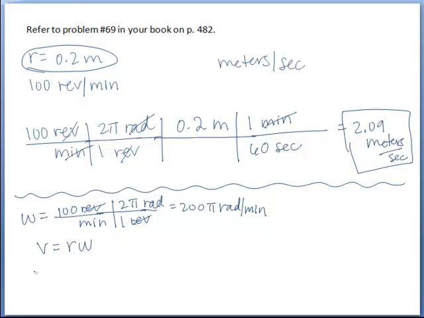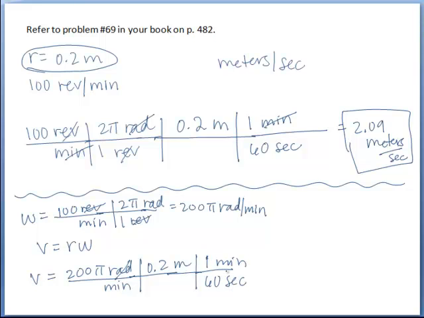Now that we found our omega, we take our omega, 200 pi radians per minute, and multiply that by R, which in this case is 0.2 meters. And you see that that gives us our answer in meters per minute, but we need to convert meters per minute to meters per second. So we multiply by 1 minute over 60 seconds, which gives us 2.09 meters per second. Okay.